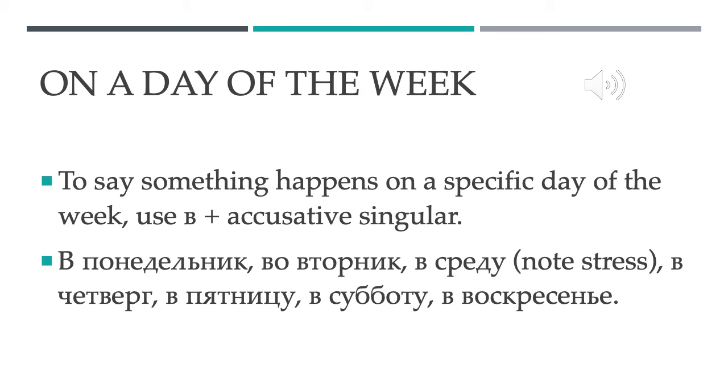В среду, on Wednesday. Note that the stress shifts. This is very common in bisyllabic feminine nouns that are end-stressed in the nominative singular, and then the stress shifts to the stem in the accusative singular. So среда, nominative, в среду, accusative. В четверг, on Thursday. В пятницу, on Friday. В субботу, on Saturday. В воскресенье, on Sunday.